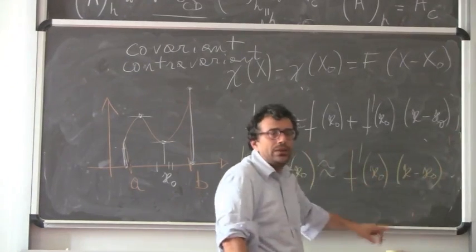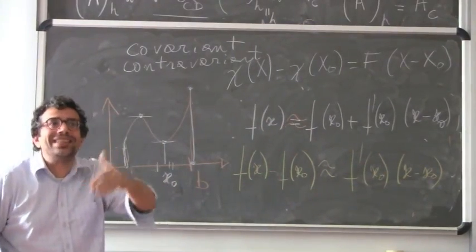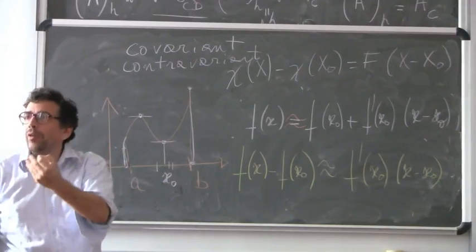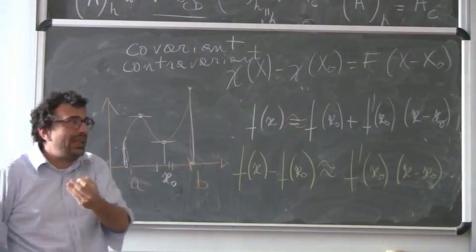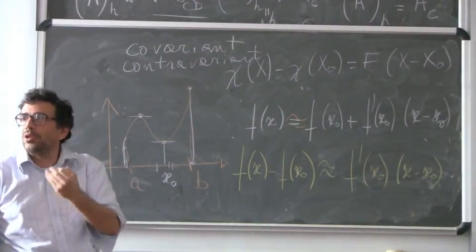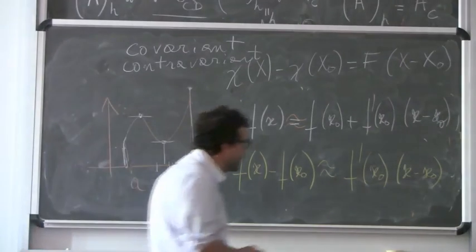This we can call, I'm preparing the work of Luca, this we can call delta x, the small variation of the independent variable in the neighborhood of the point x0 where you're looking for maximum or minimum. Okay?